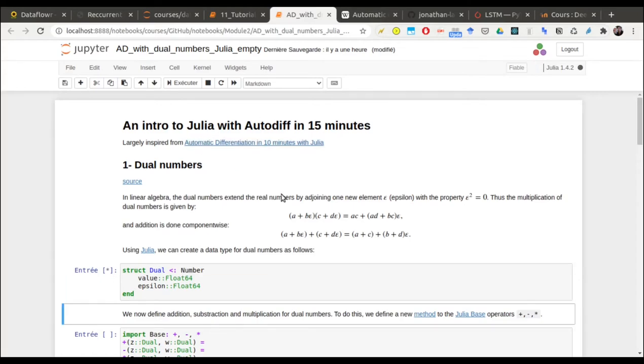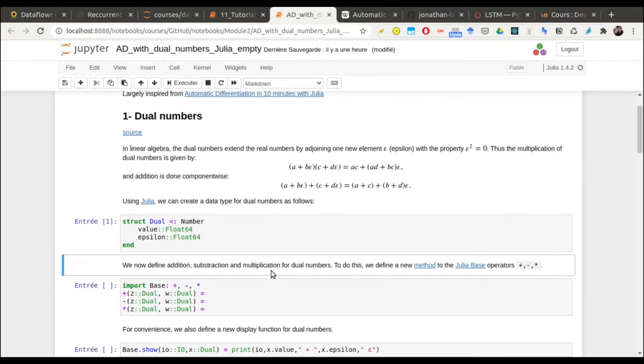So you see, here I'm running it in a notebook. You see that the kernel is now Julia, so it's not Python anymore. So you can perfectly install Julia on your laptop and have it running like that in a notebook. Okay, so this is my new type, which is dual numbers. Value is the real value, and epsilon is the value in front of the epsilon.